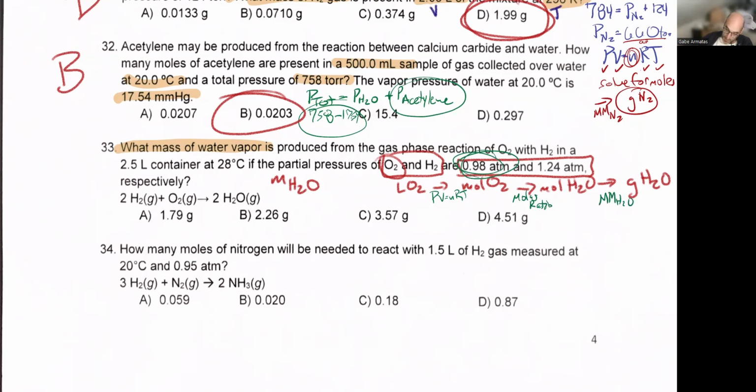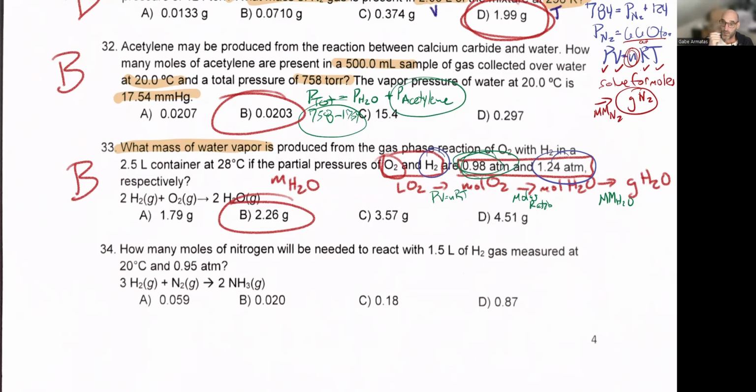Then you do the same thing for hydrogen, and make sure you're using your stoichiometry. And 33 turns out to be B. Figure out how many moles of oxygen you have, convert to moles of water, convert to grams of water. Then do the same thing for hydrogen.